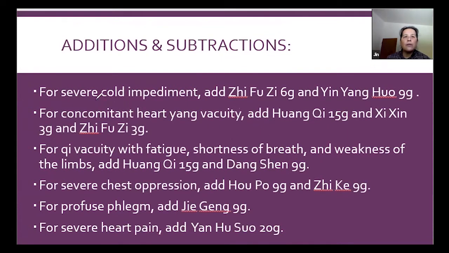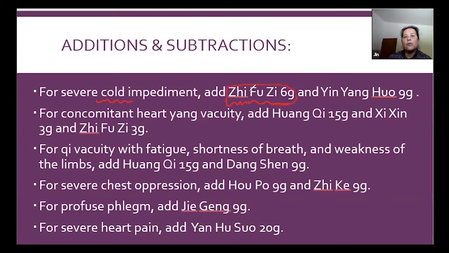If the patient has severe cold symptoms, we can add in 附子. 附子 is a very hard herb. 制附子 means prepared. 附子 is a toxic kind of herb. Right now we only use prepared.